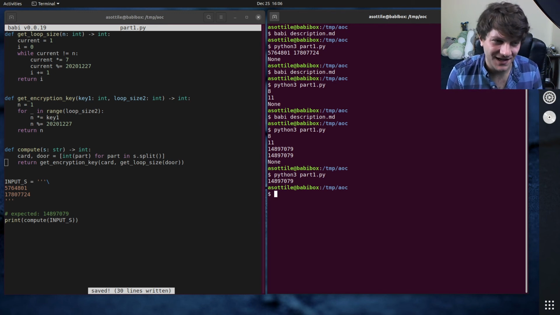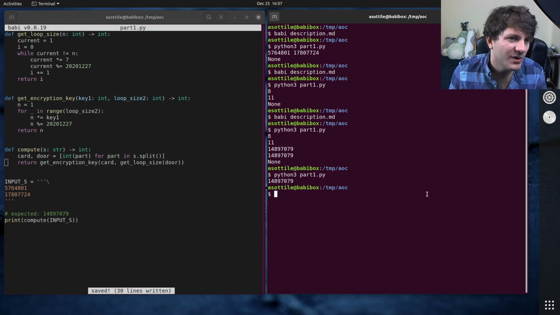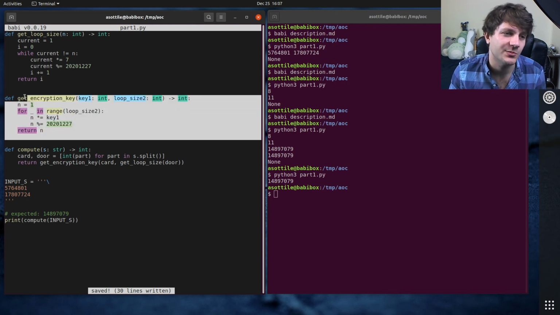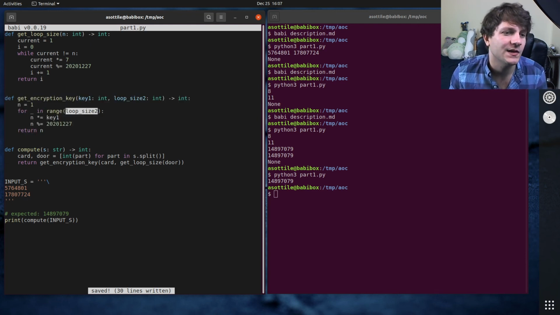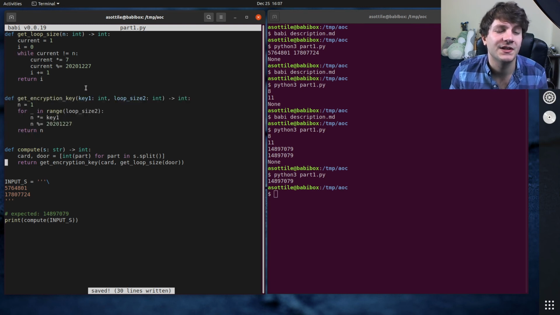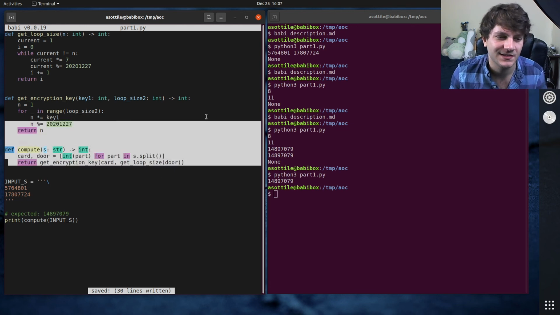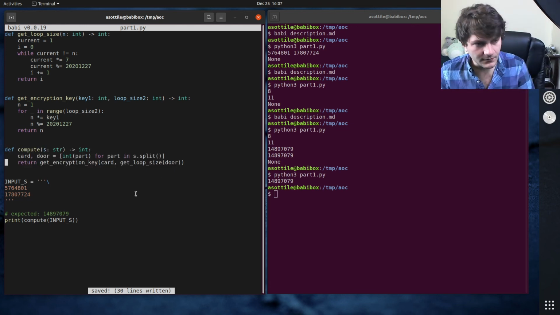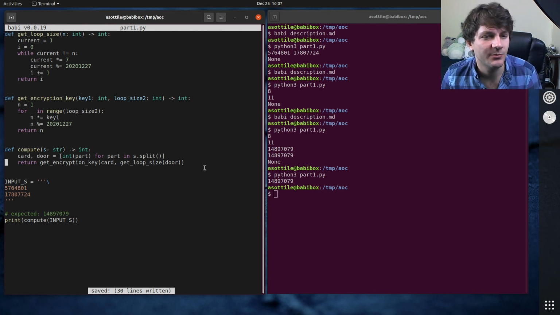But anyway, this is a very straightforward, simple solution. It's not very fast because the loop size can be very large, so it runs a lot of work for the real input. For these ones, it's 8 and 11, so it's trivial work, essentially.